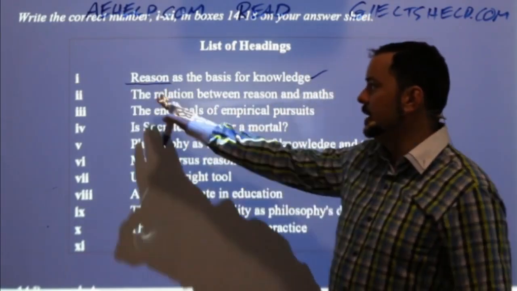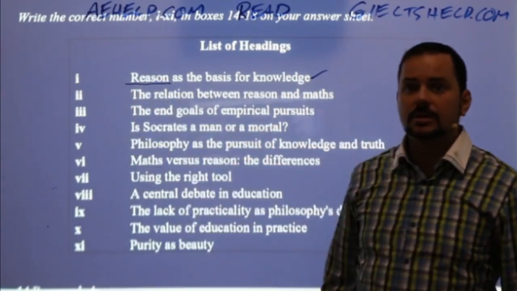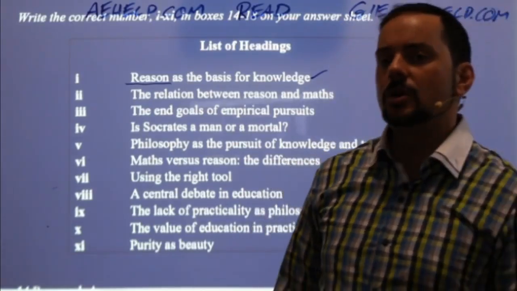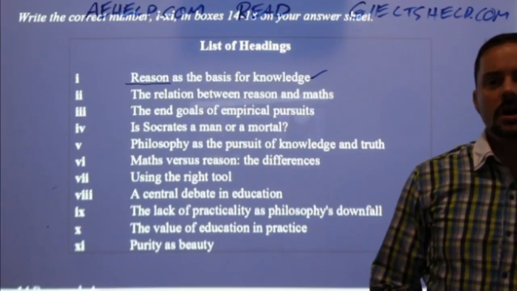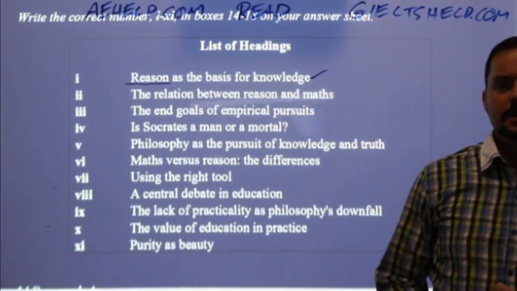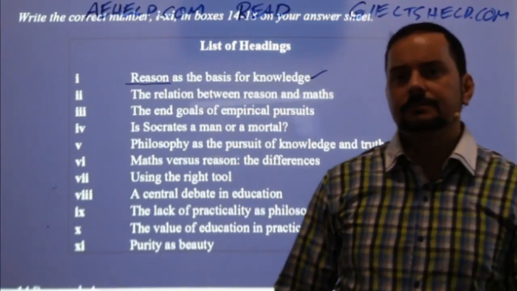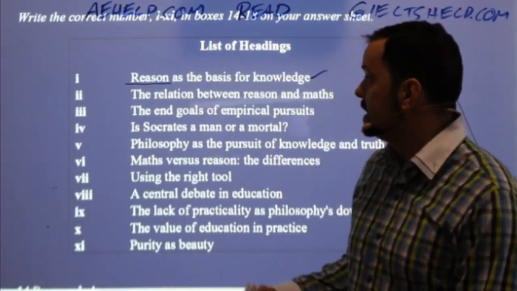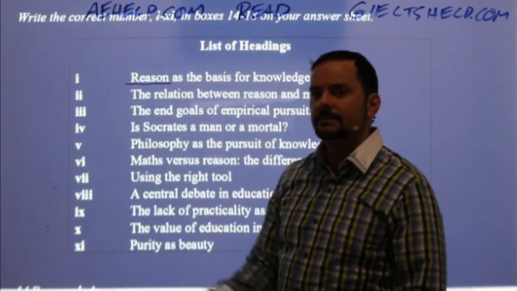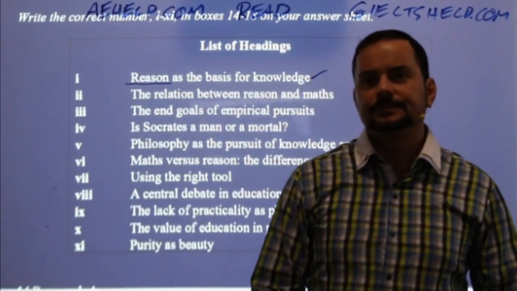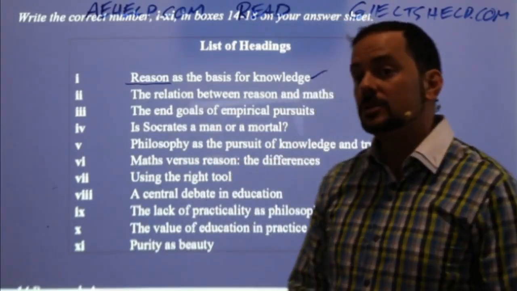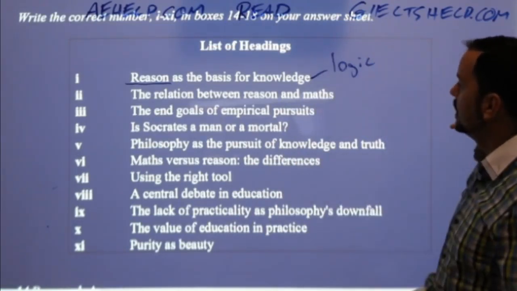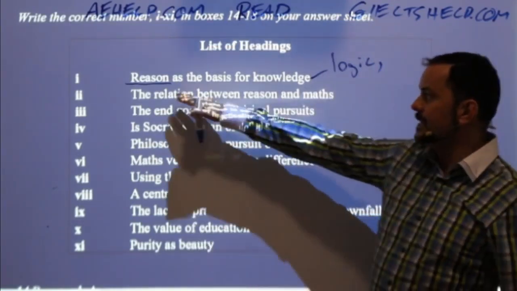Reason here is being used as a noun, okay? Happy says maybe the cause. In this case, cause is not the best synonym. It's not cause, it's not factors. Here, reason means something a little bit different. NA says logic. Okay, logic is not bad. Logic is one synonym for reason here.